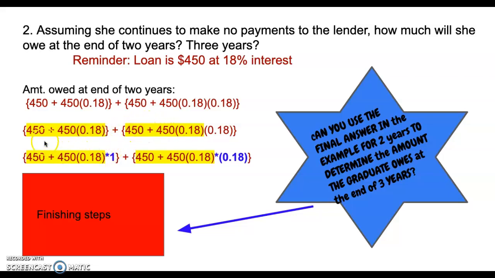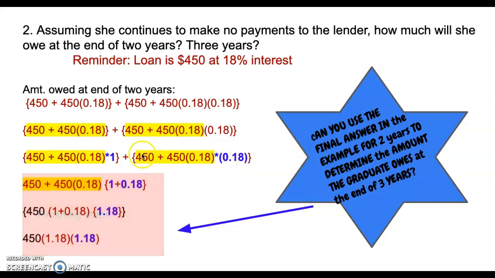Each of these has the 450 plus 450 times 18 hundredths in common. So this is just like multiplying it by 1, and we're also multiplying the second one by 18 hundredths. When we factor out the 450 plus 450 times 18 hundredths, we get 1 plus 18 hundredths, which is just 1 and 18 hundredths.